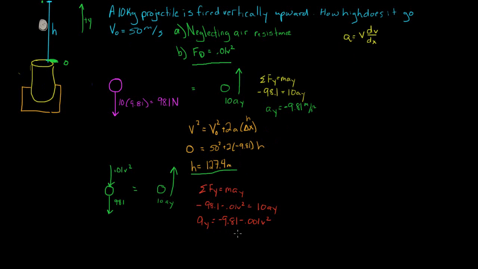If we first substitute in our expression for acceleration right here, we have minus 9.81 minus 0.001 v squared is equal to v dv over dx. Now we want to separate our variables, so this is going to go to the other side because it has a velocity in it, and our x is going to come up here. So we get dx is equal to v dv divided by minus 9.81 minus 0.001 v squared.